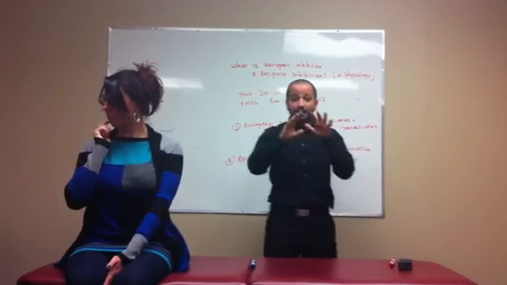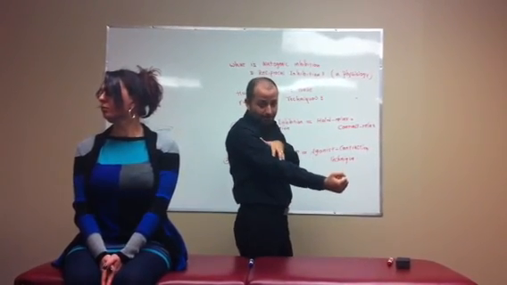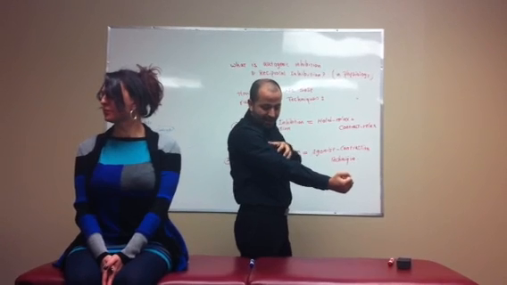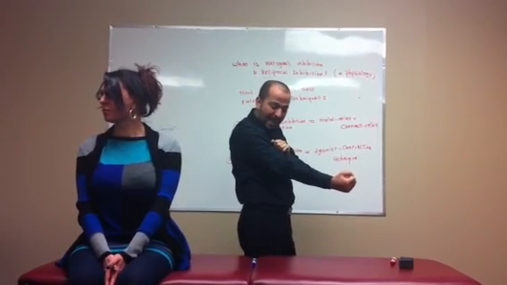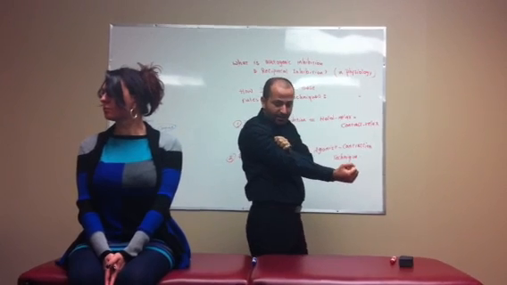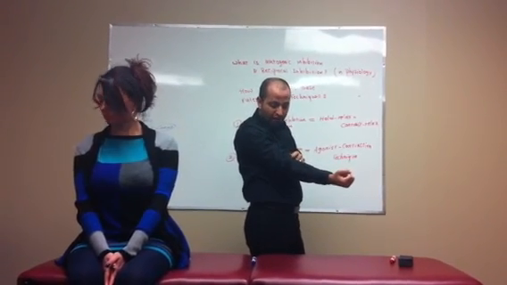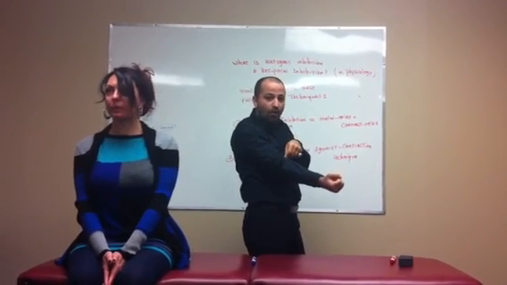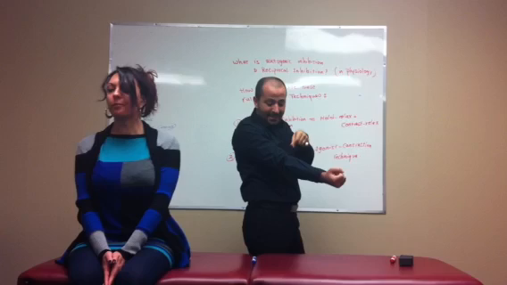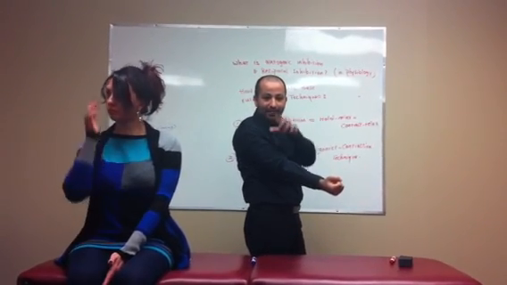Autogenic inhibition means this: if a muscle is too tight, and if I try to stimulate the GTO, which is the organ inside the tendon, that GTO stimulation will send a message to the same muscle to relax it. Very simple.